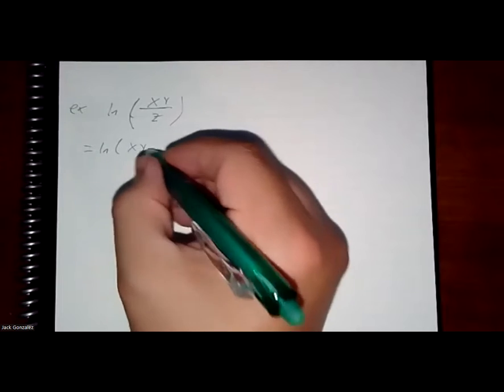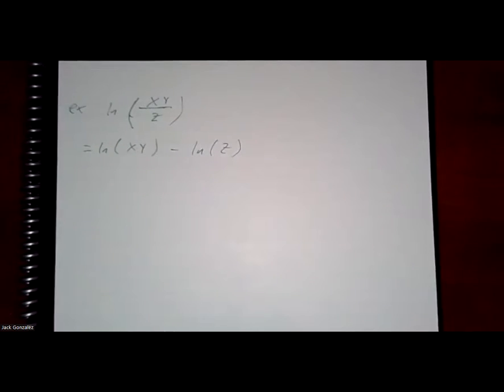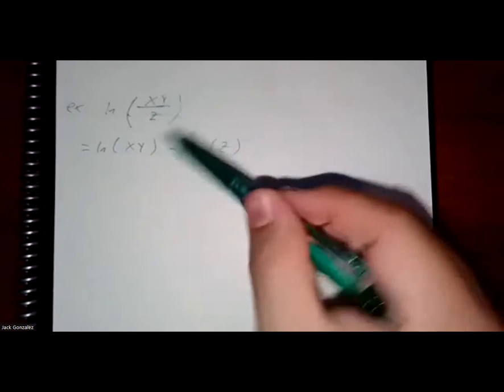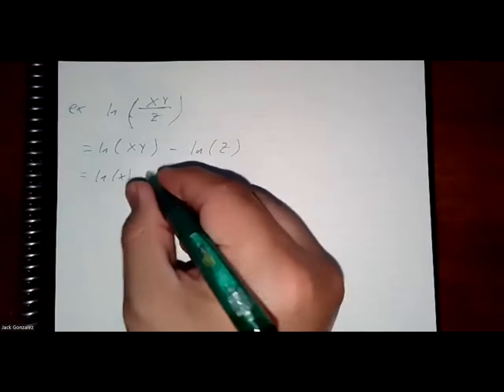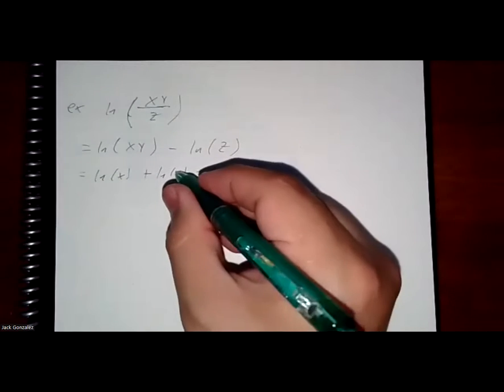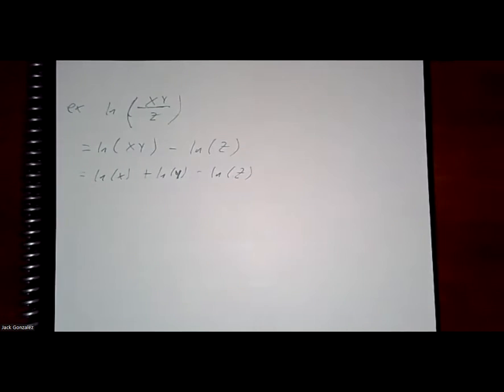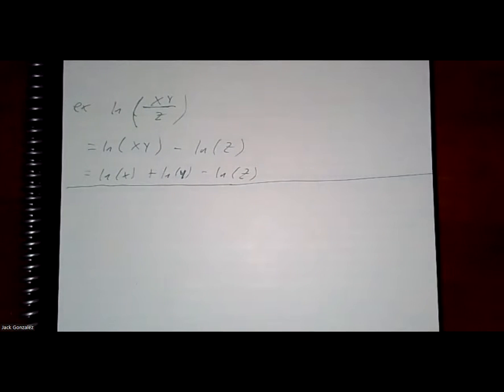So ln x y is the top part minus the bottom part. So this fraction, this quotient, became a difference. I got you. And then a product becomes the sum, right? That makes sense? Yeah, that makes sense. Thank you. Appreciate it.